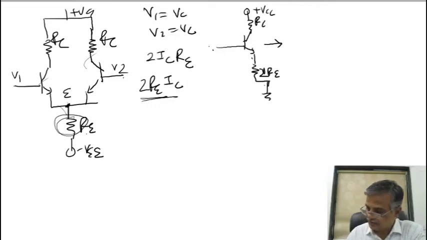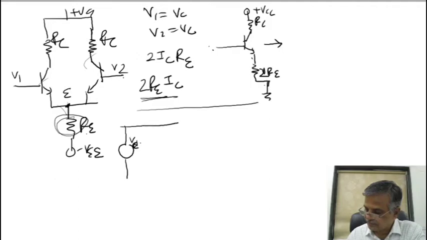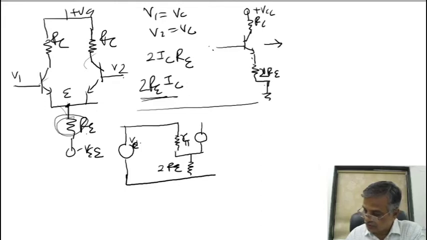Here it is better to show it like this. R pi you have written, and this you have written 2RE. This is your current source, Gm into V pi.